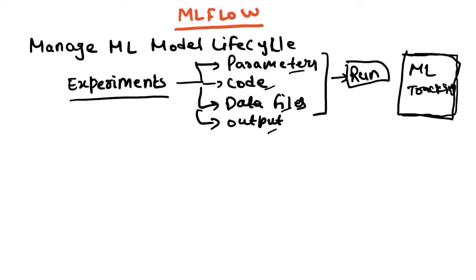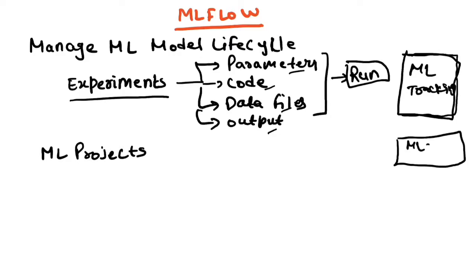The next thing could be that let's say you want to structure whatever code you have written, and for that MLflow offers another component which is ML projects. Let me write it down here: another component which is ML projects. You can think of it as how you structure all your data science code.